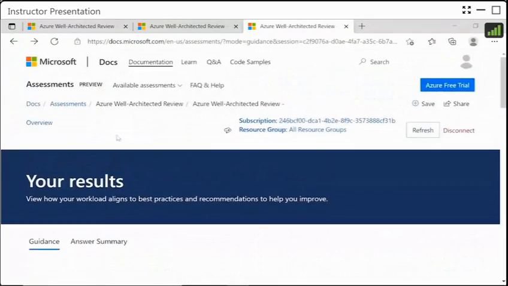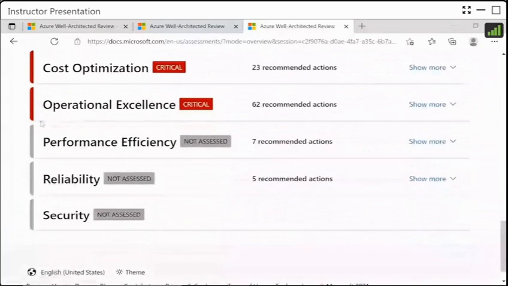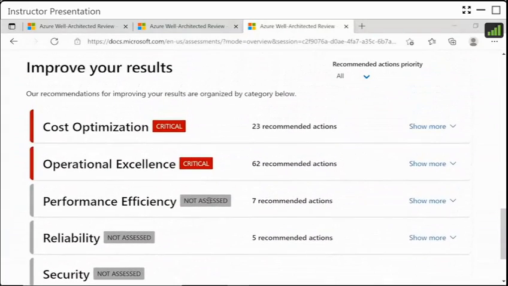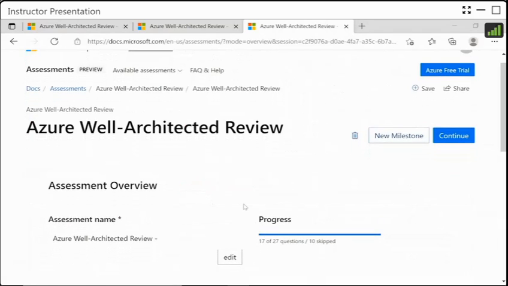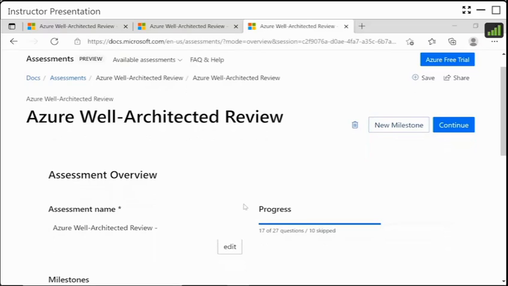One other piece, you can go up here as well and click on Overview. Okay, and once you click on Overview, it gives you the option to create what we call a milestone. And a milestone is like a new point in time when you want to begin reviewing your workload from a different perspective. In other words, you're going to adjust your answers to some of those questions, right?